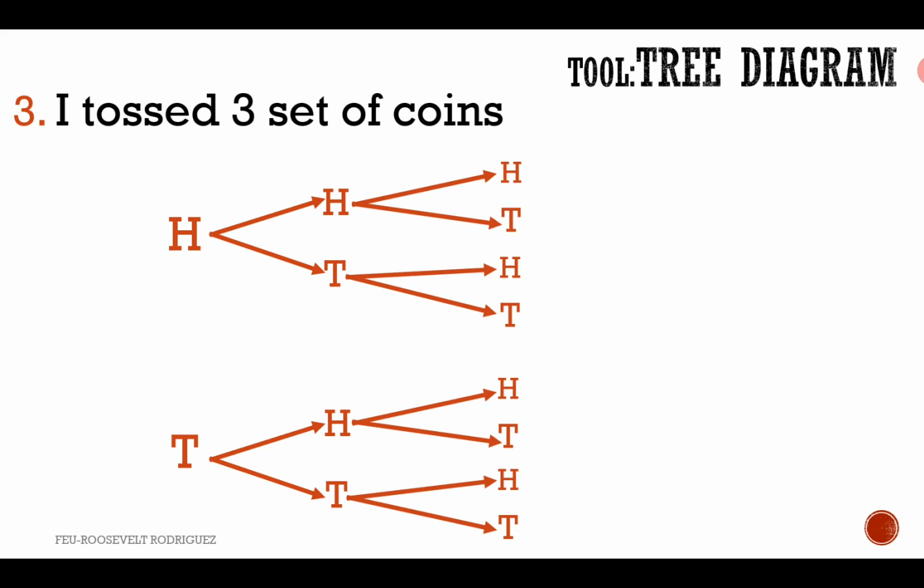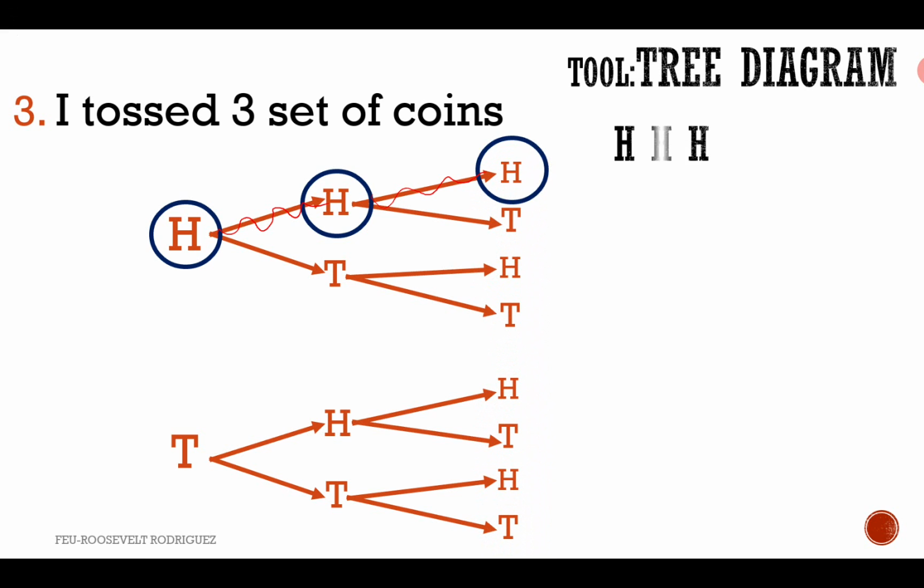Now, paano natin ililista yung ating pinaka outcomes? Okay? So gagawin natin from our first outcome, which is head, right? And then i-continue natin yung line from head. I-continue natin yung sequence dito, another head, and then i-continue na ulit natin para makuha natin yung first set of combinations natin, which is 3 heads. Right? And then do the same thing sa mga sumunod pang mga letters.